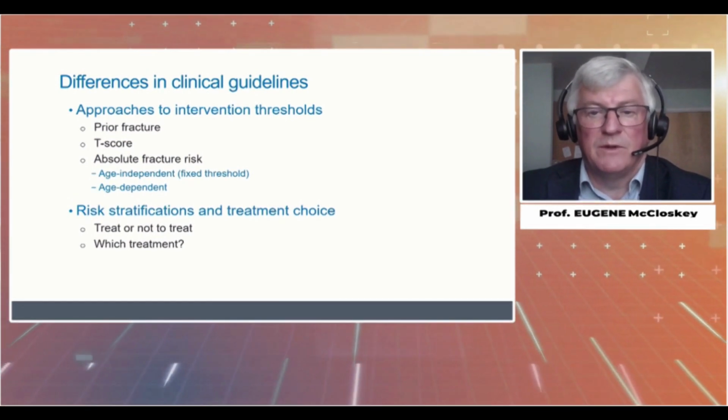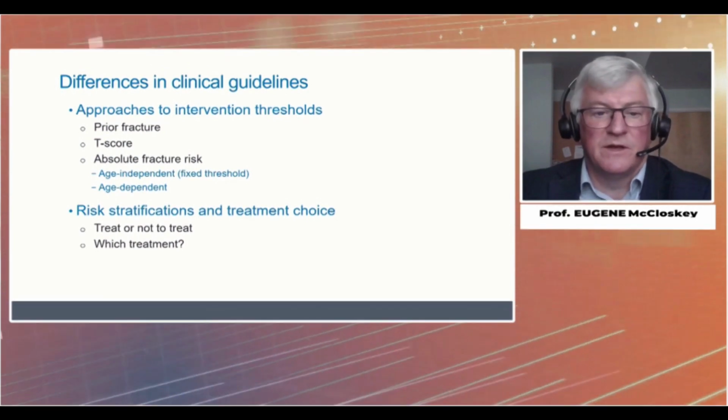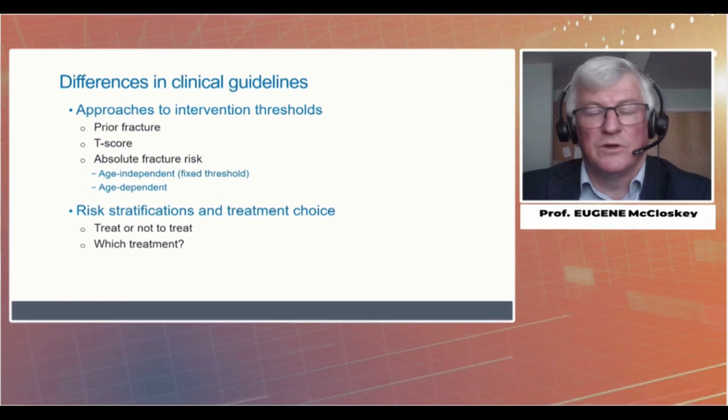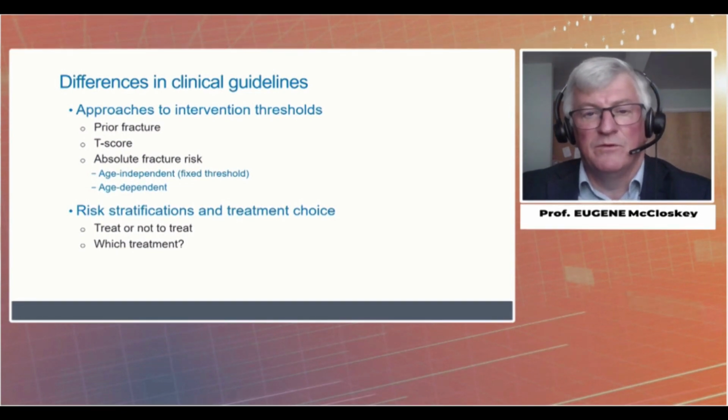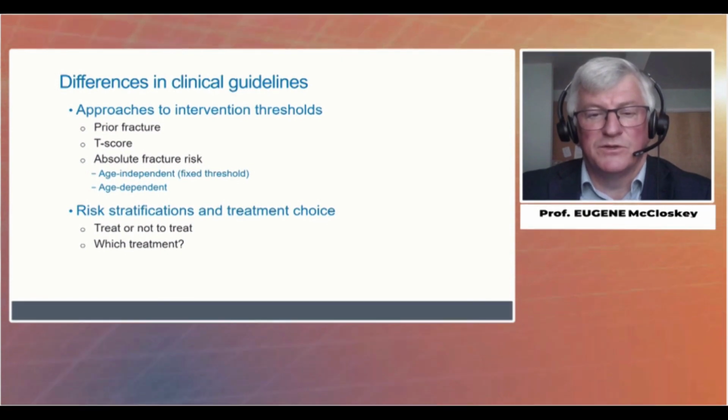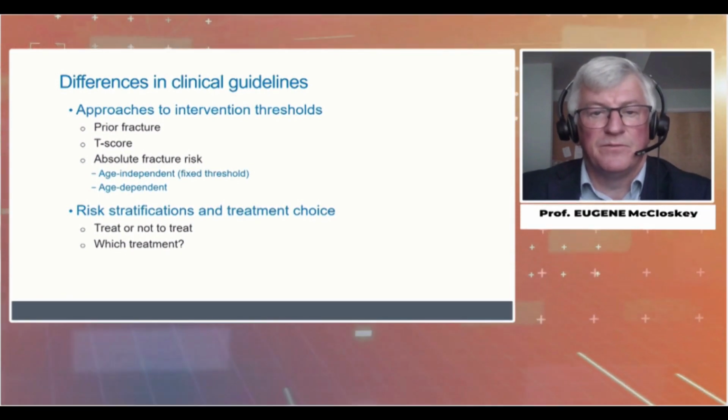Or they can be age-dependent approaches. And as I've said, later in the talk, we will talk about further stratification, moving away from just a single intervention threshold, to different thresholds that actually advise us on which treatments to choose.